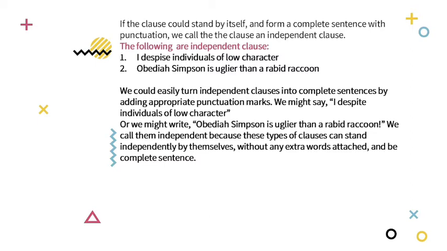We call them independent because these types of clauses can stand by themselves without any extra words attached and be a complete sentence. Di sini, kita dapat dengan mudah mengubah klausa independen menjadi kalimat lengkap dengan menambahkan tanda baca yang sesuai.